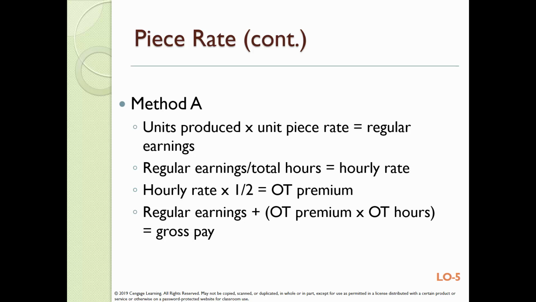So the first, and these are the same 4 steps over and over and over. First thing is I want you to figure out what his regular earnings are. How many did he produce over the whole time period times what he gets per unit? And actually, just like we practiced on Monday, please write your formulas all the way out. Don't just do them on your calculator.